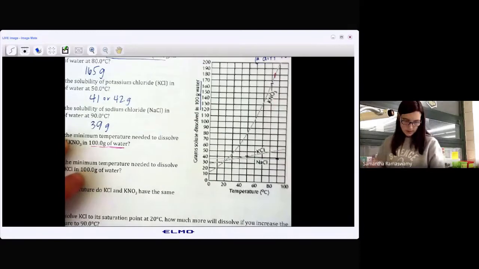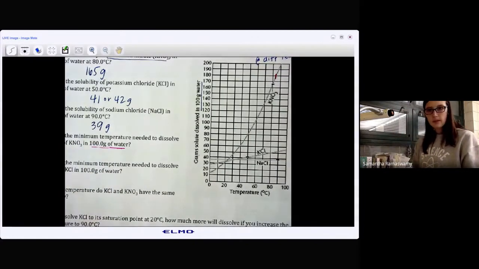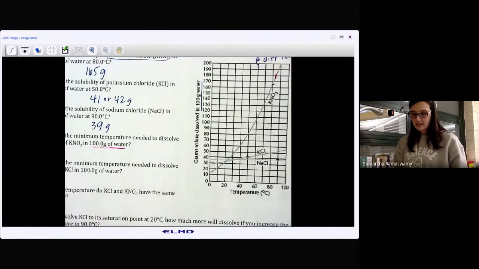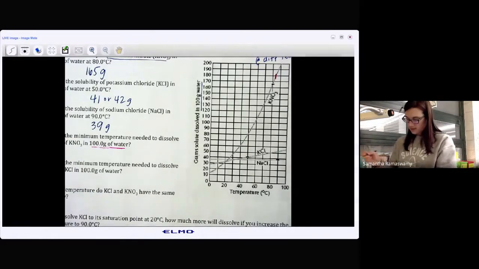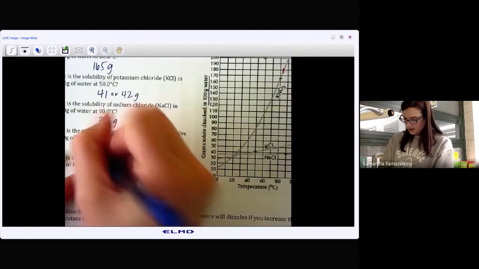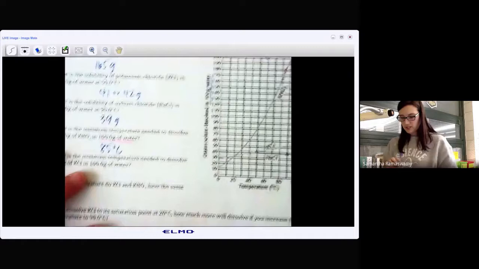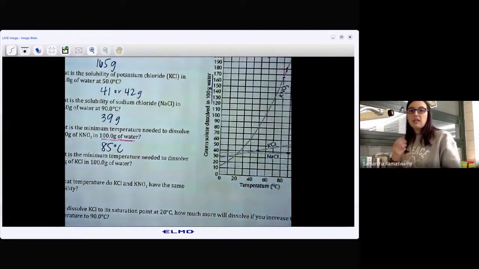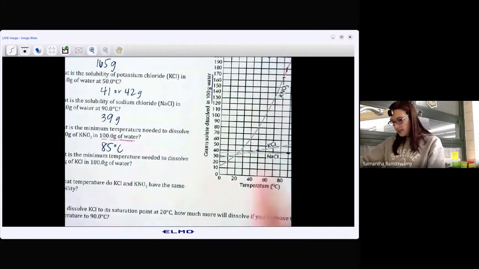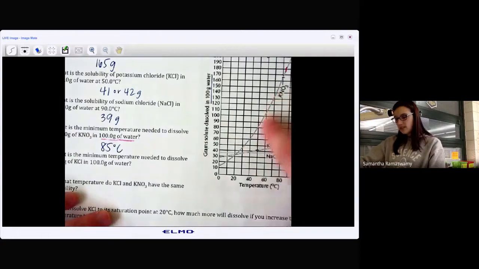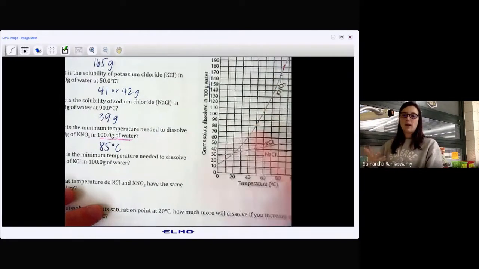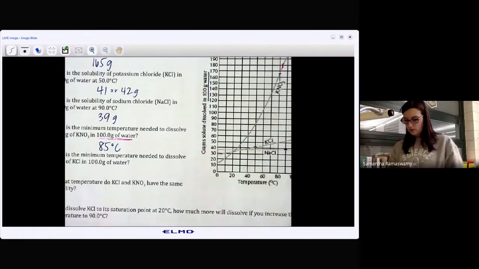I'm kind of halfway between 80 and 90, so I would say 85 degrees Celsius. Remember that these lines represent how much solute can be dissolved.